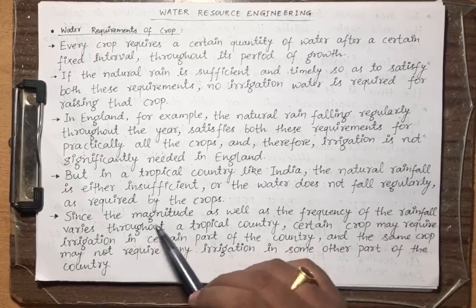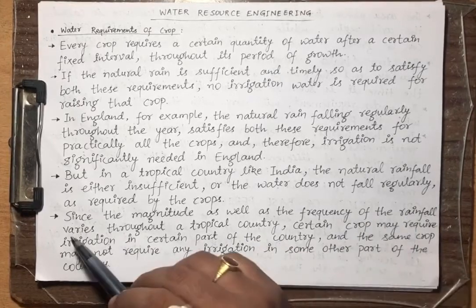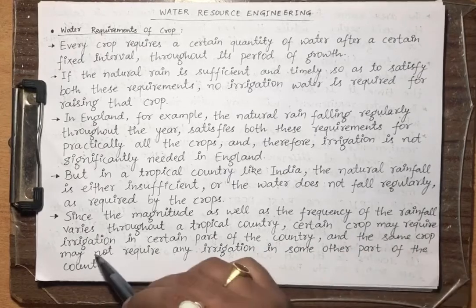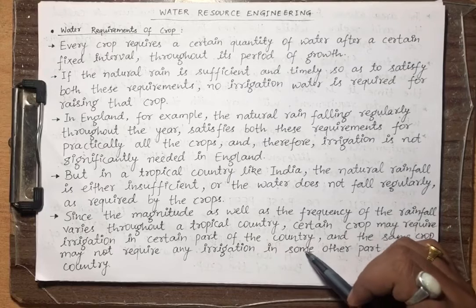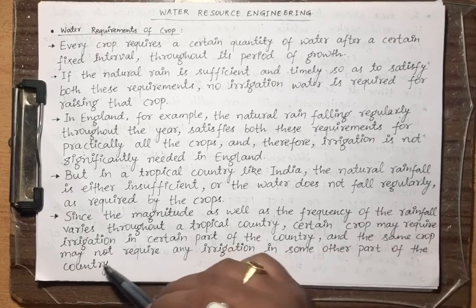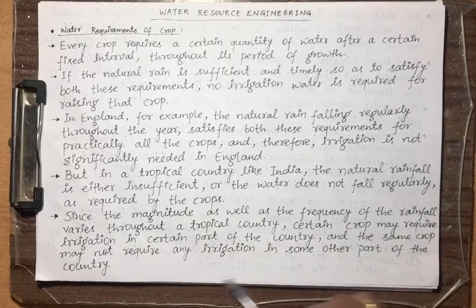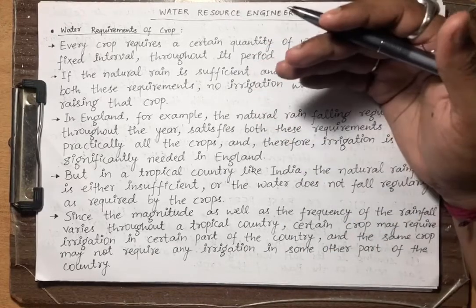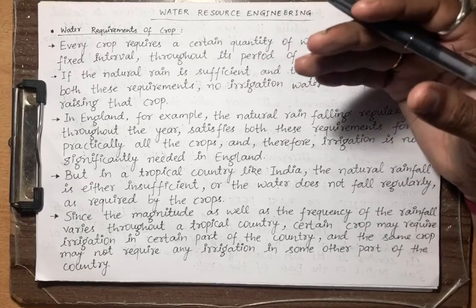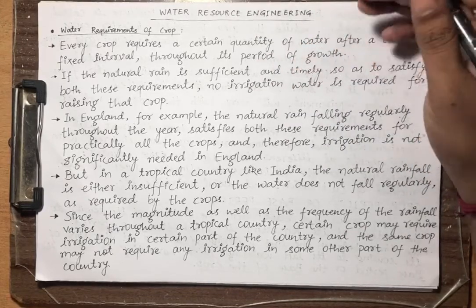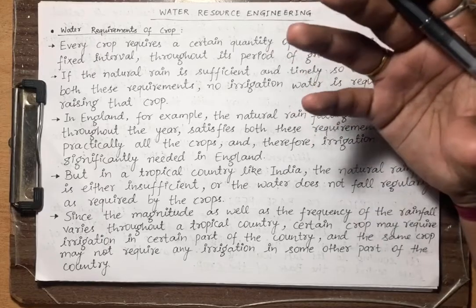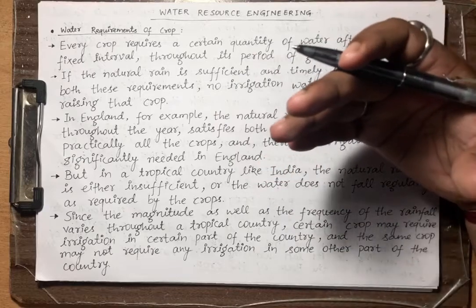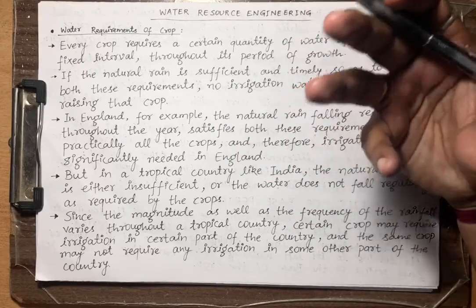Since the magnitude as well as the frequency of the rainfall varies throughout a tropical country, certain crops may require irrigation in certain parts of the country, and the same crop may not require any irrigation in some other part of the country. So depending upon the location also, the need of water varies. Let us say a crop is sown in Rajasthan, in Churu, which has very high temperatures.